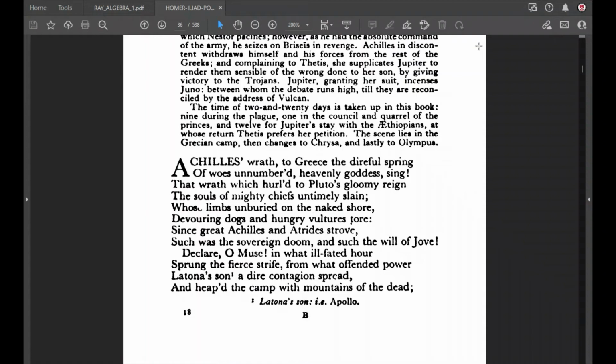So to a Greek person reading this, this is divinely inspired. Just as we say the Bible is inspired by the Holy Spirit, and the prophets had things revealed to them that they spoke and wrote down in the scriptures, the Greeks believed that this poem by Homer was a religious book.